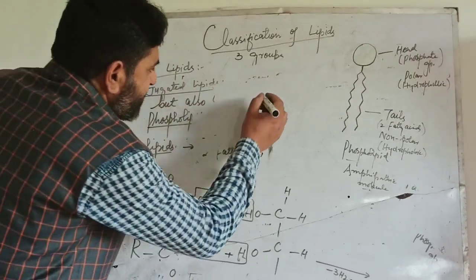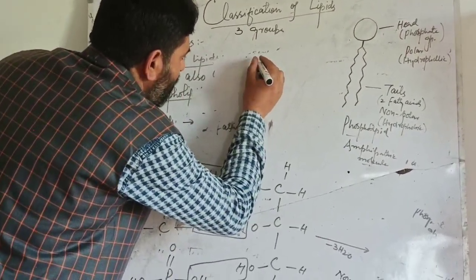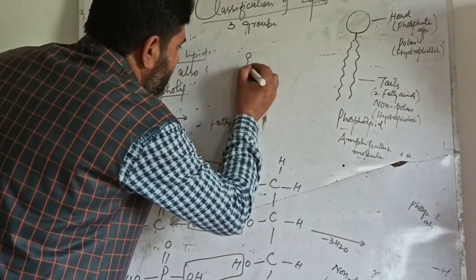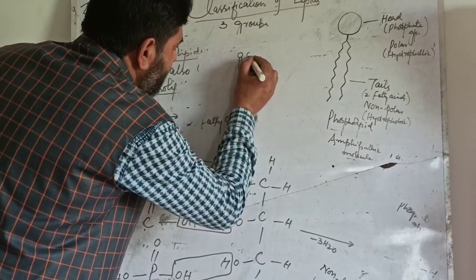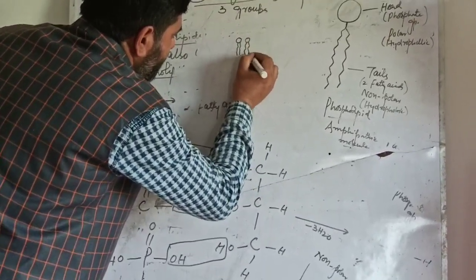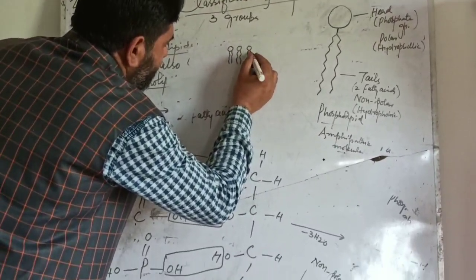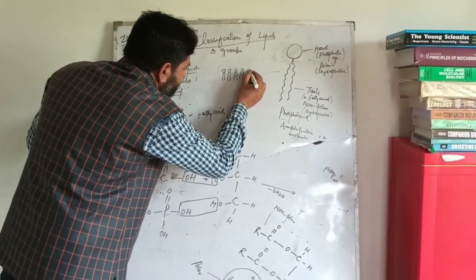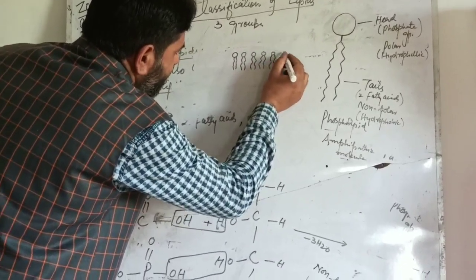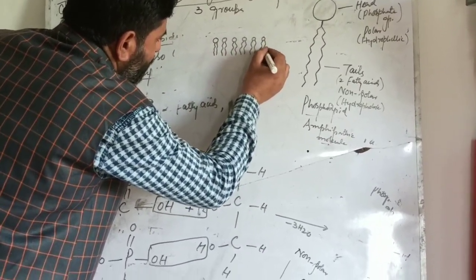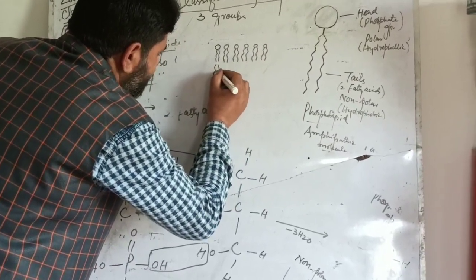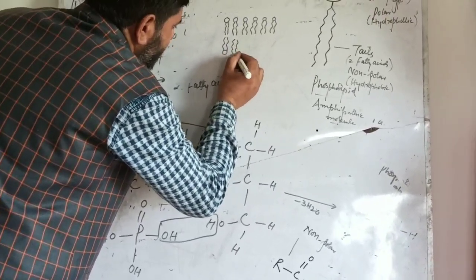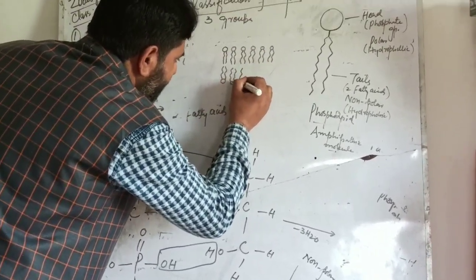Due to the amphipathic nature, once these phospholipid molecules are kept on the surface of water like this, they form two layers, like this. The tails face each other, and the heads are directed outwards and inwards.